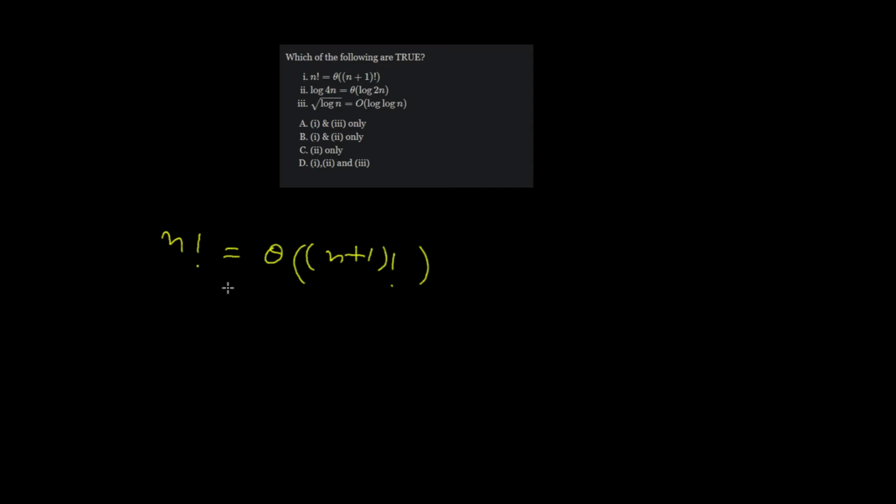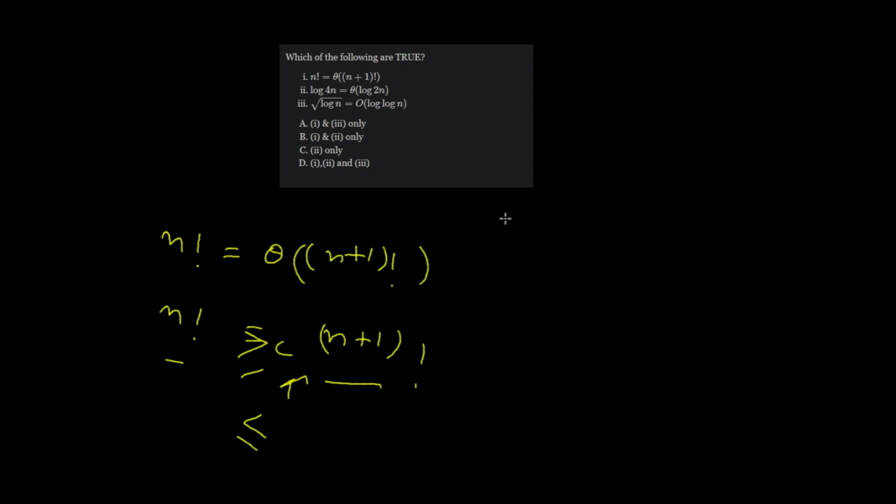So you can see n factorial and (n plus 1) factorial. Let's just remove the theta and check what constant we can add here so that this term can be greater than or less than or equal to n factorial. Let's open the (n plus 1) factorial.